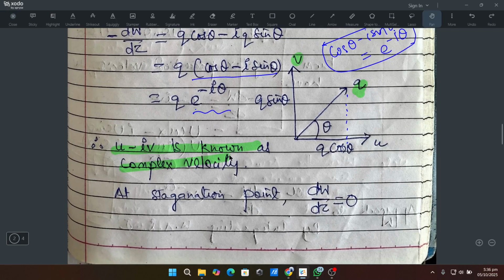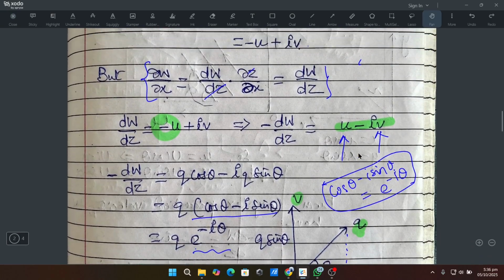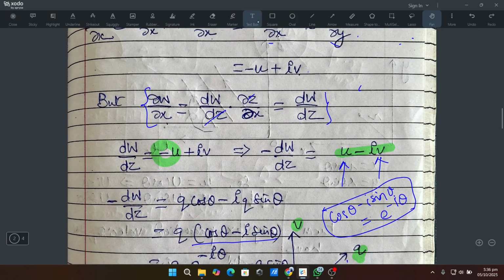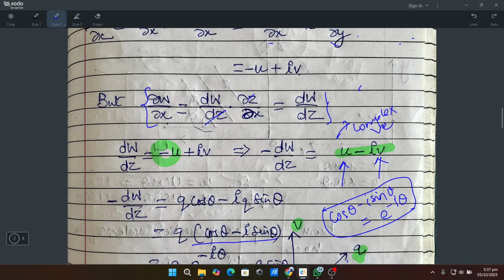This u minus iv that I have already told you is actually our complex velocity. So we have got this equation by using the complex potential, which is w, and we have ended up getting the complex velocity equation.